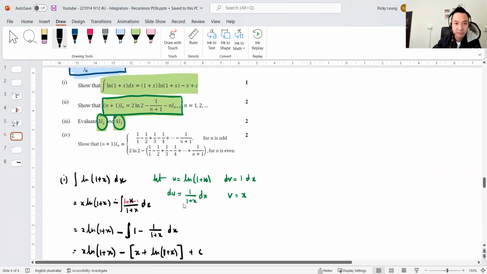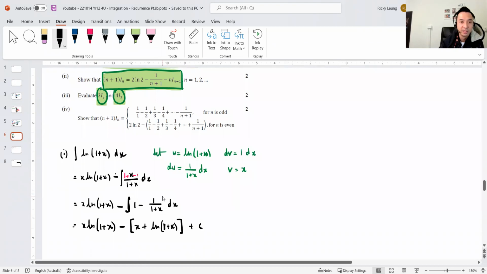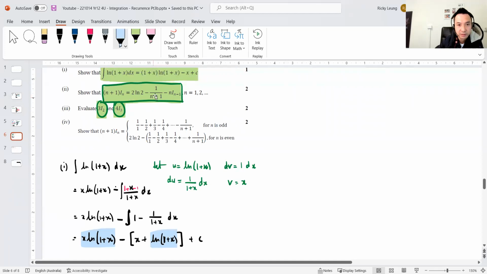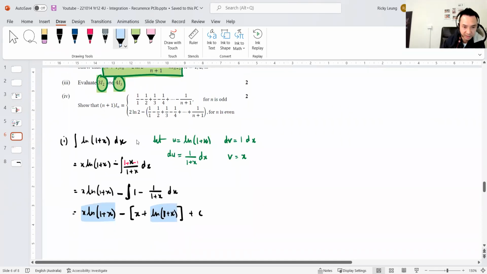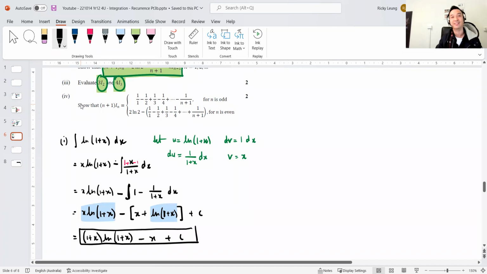And then all they've done, let me just check that, minus x, perfect, is they factorized this guy and this guy to, is it 1 plus x? 1 plus x, right? Because it's x and 1, so they basically combine those two to 1 plus x ln(1 plus x) minus x plus c. Done. 1 mark.